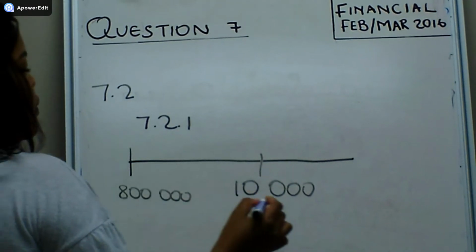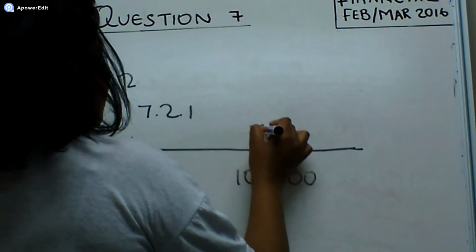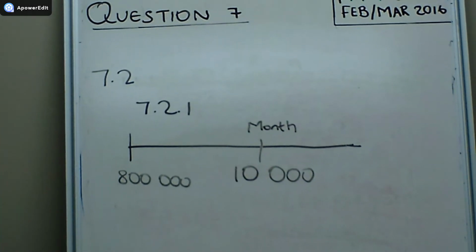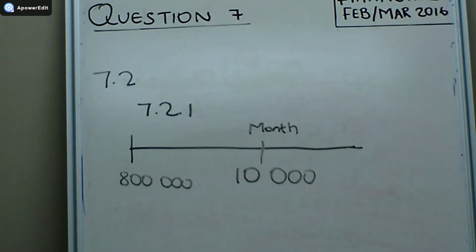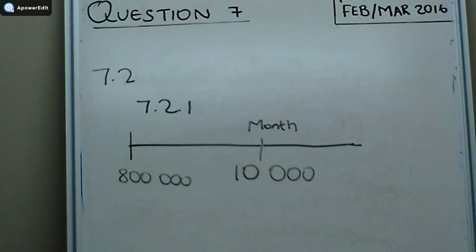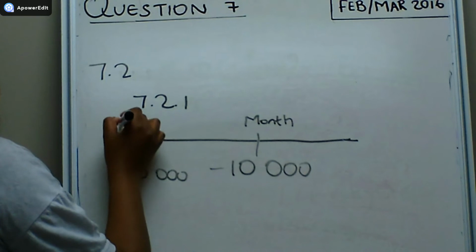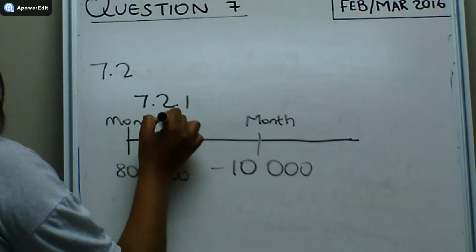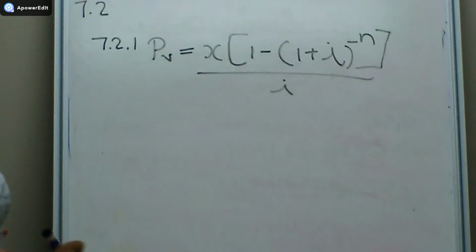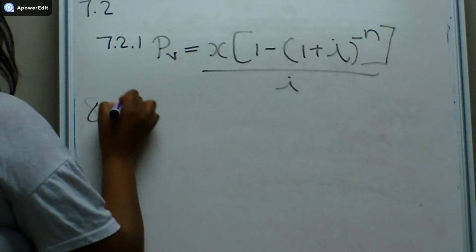Just drawing it so that you can have a picture of what it is that we are doing here. So as you can see, in the first month there was 800,000, and then you subtract the 100,000.